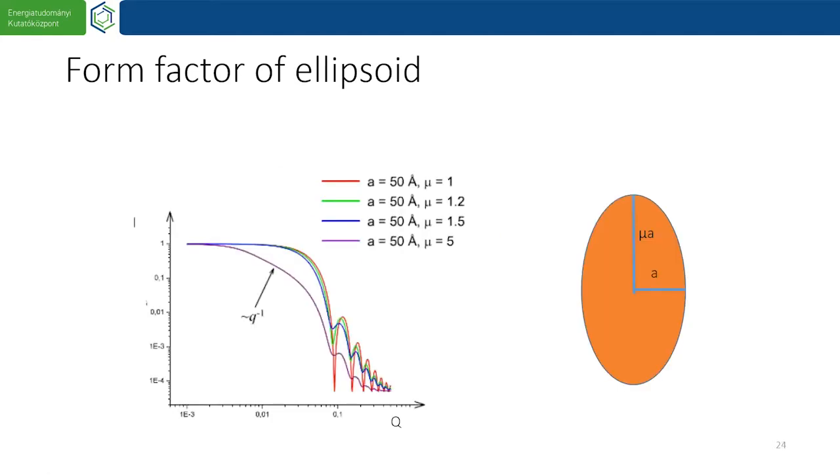A bit more complicated particle, but again an ideal particle, is an ellipsoid of rotation. We plot here only an ellipsoid in which one axis is longer, and the other two are the same and shorter.